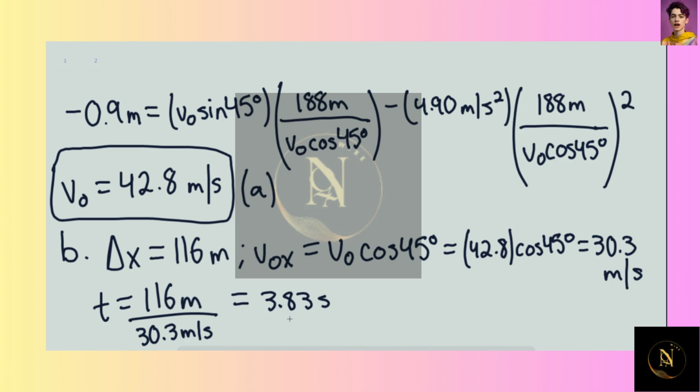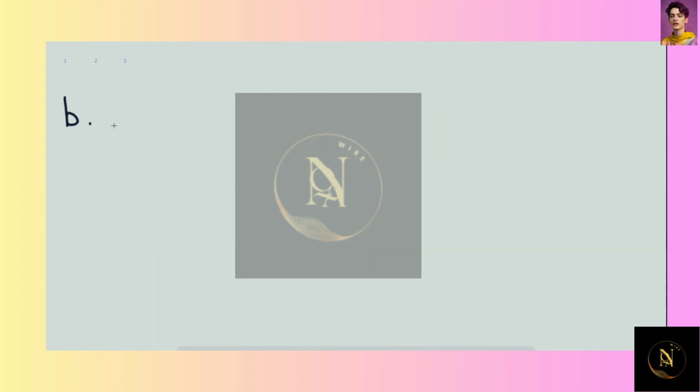And now we have to find the position at that time. So for part B, we can say delta y is equaling, again, the 45 degrees sine and cosine are equal to each other. So the initial velocity in the x direction would be equal to the initial velocity in the y direction.